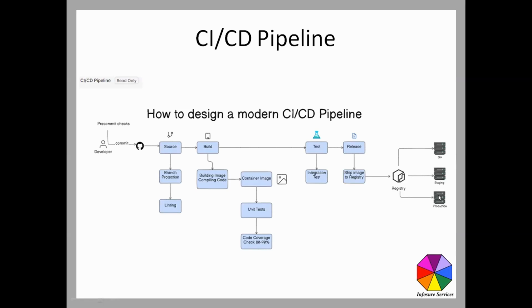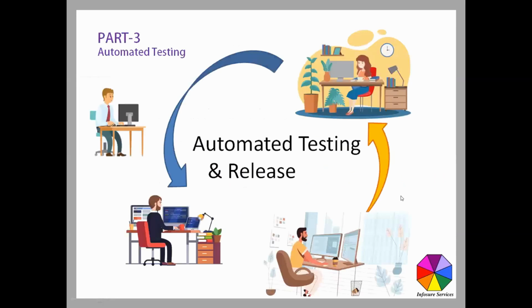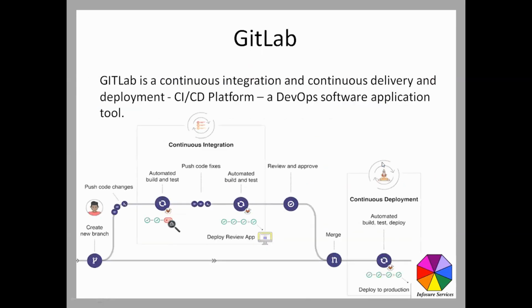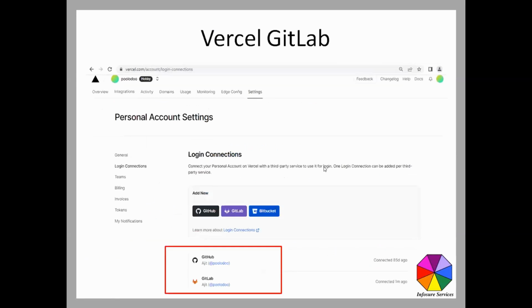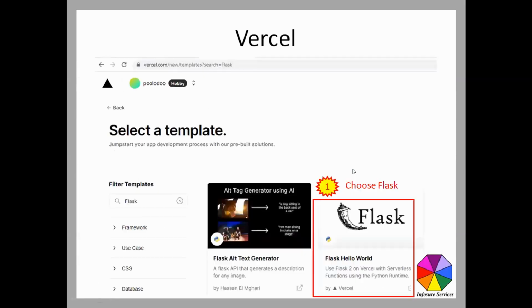You have various servers. Everything is in a continuous manner. That differs from the earlier version where you release packages, somebody has to install, test, and then only run and migrate separately. Here it is in continuous mode. Automated testing is possible. GitLab is a tool for that. Now in GitLab, we've seen this Vercel Flask template.